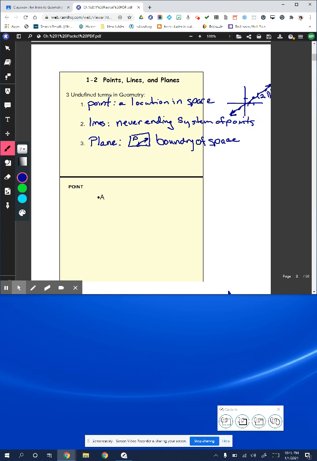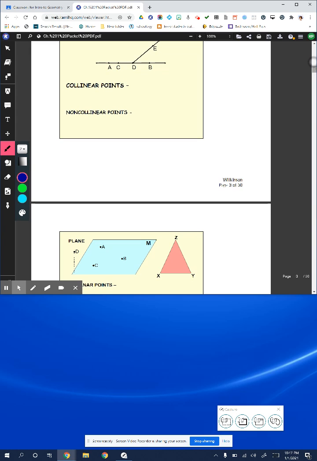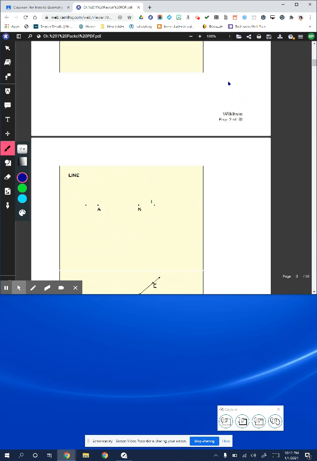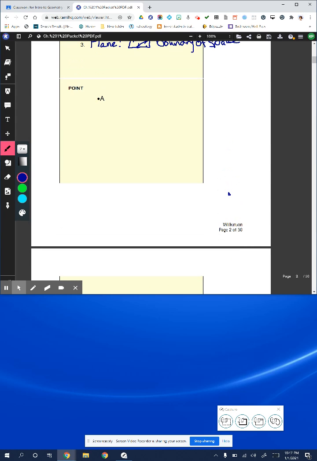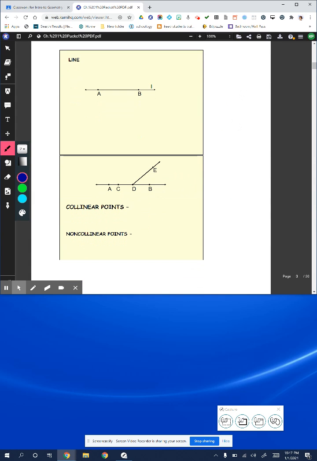So here I have a point. A point is always going to have a capital letter. And then we see a line.